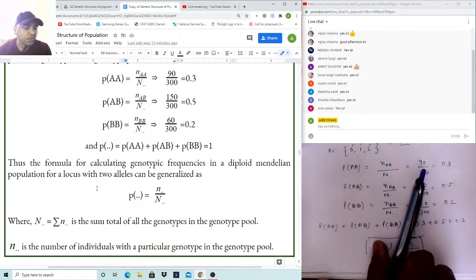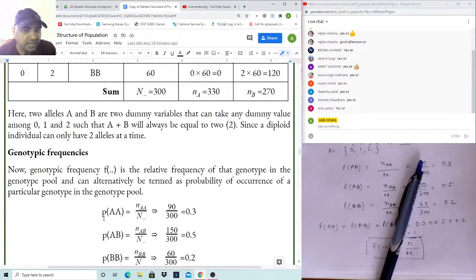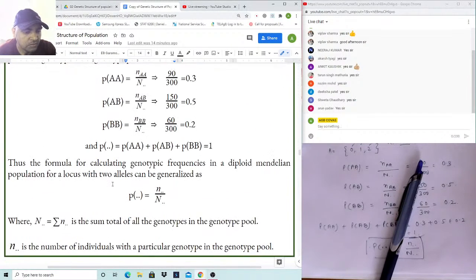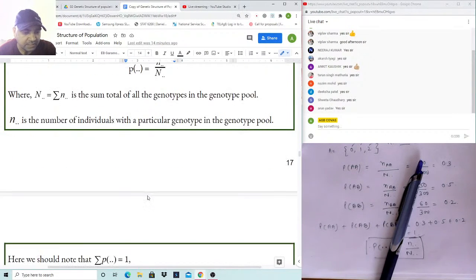Here, N dot dot is the sum of all the genotypes in the genotype pool, and n dot dot is the number of individuals with a particular genotype in the genotype pool. So this is how we calculate the genotypic frequency.